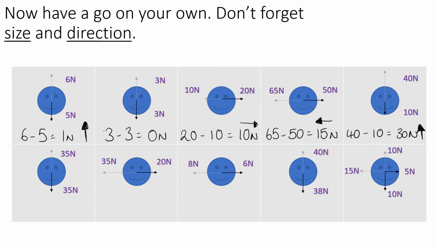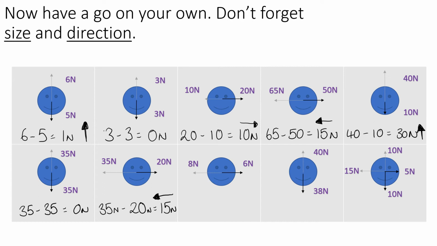Next one, you've got 35 minus 35 gives you 0 newtons. Your next one, you've got 35 left and you've got 20 right, which gives you a total of 15 to the left.